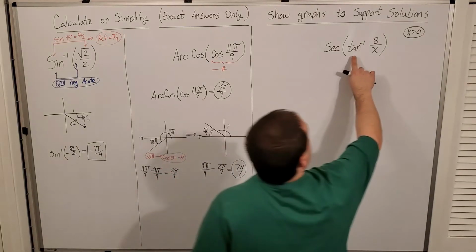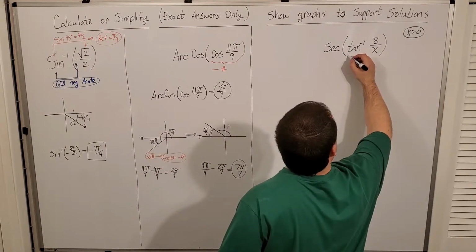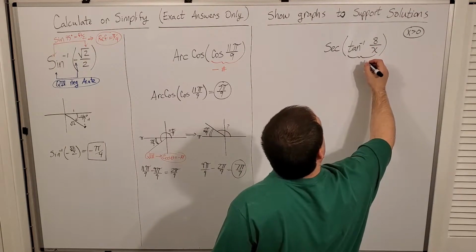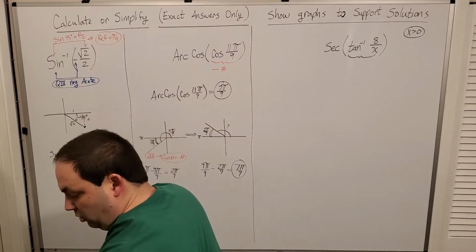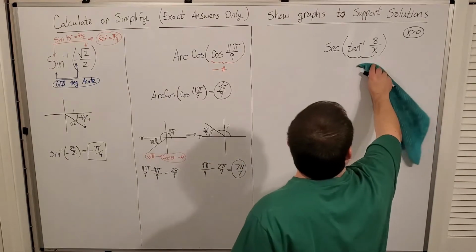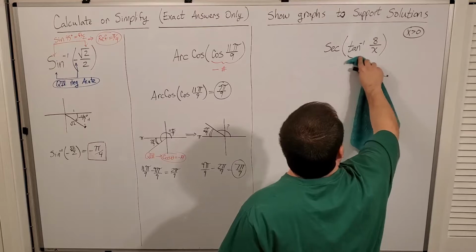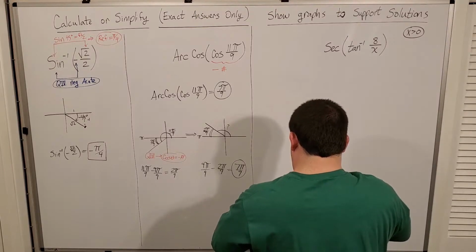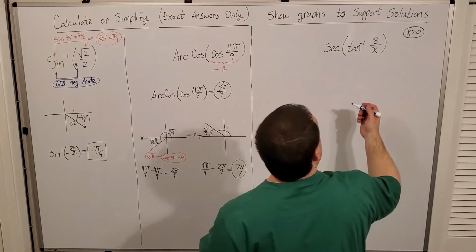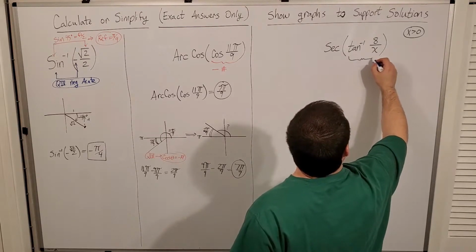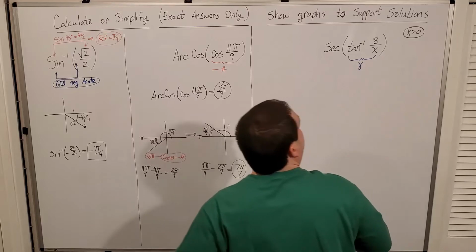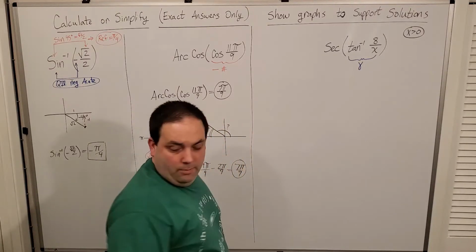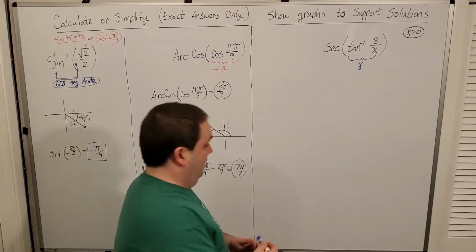So remember, this inverse tangent is going to give out some angle. Let's call that angle gamma.